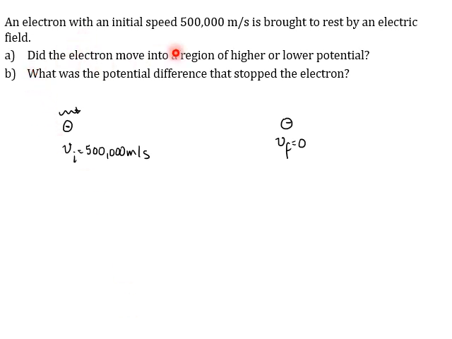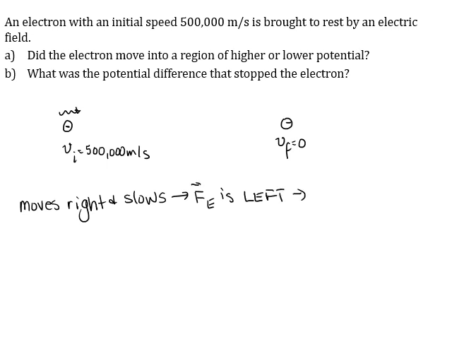So let's stop. Before we even talk about these questions, let's think about the nature of this electric field. Our electron is moving to the right and slowing down. If it moves right and it slows down, the electric force must be to the left, because the acceleration has to be to the left.